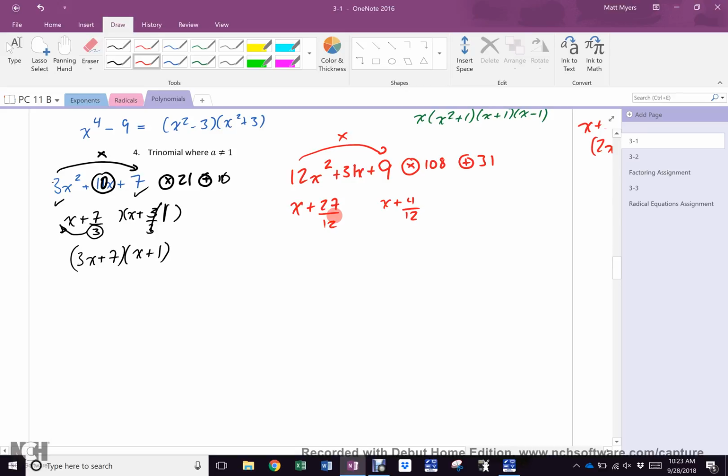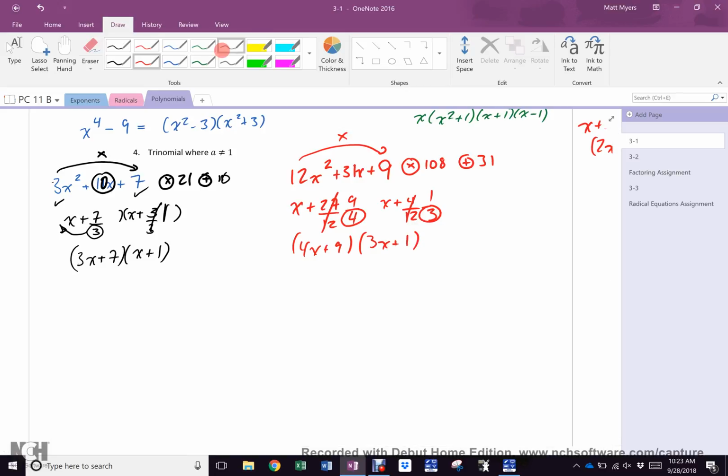What goes into 27 and 12? 3. So that is 9 over 4, correct? What's this one? 1 over 3. Once it's simplified, what do I do with all denominators? Move it to the front. 4x plus 9 and 3x plus 1.